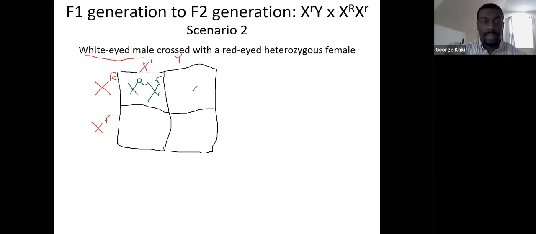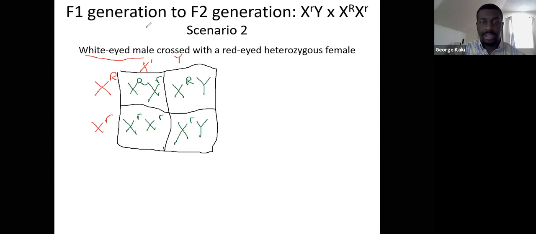What about this top right? X big R Y, good. What about this bottom left? X little r, X little r. And then the bottom right, X little r Y. Good.